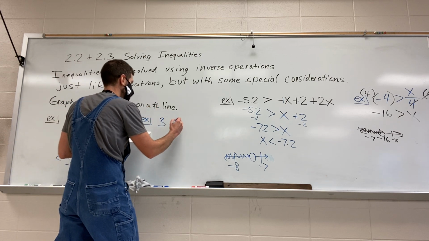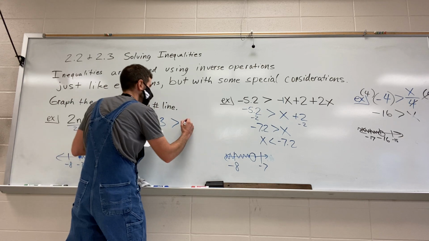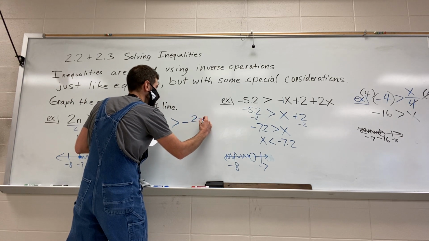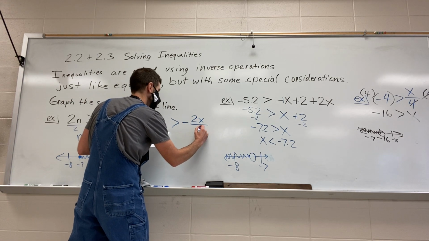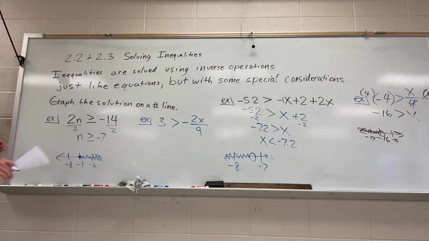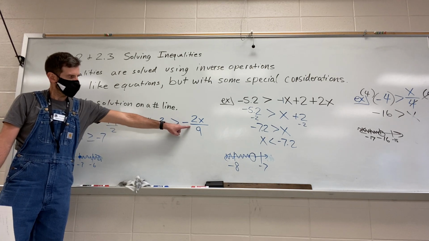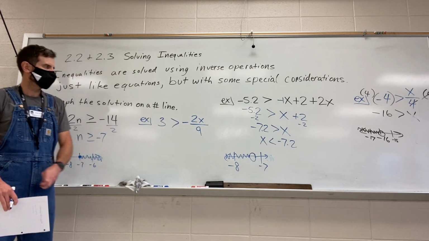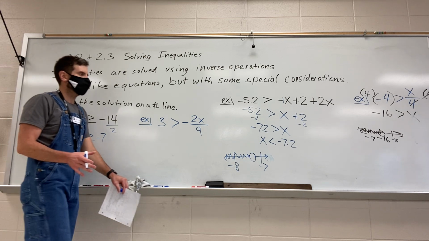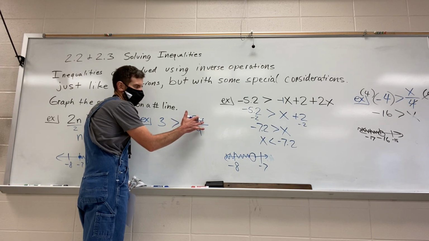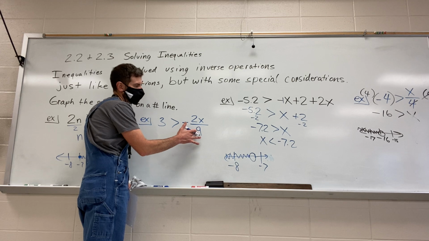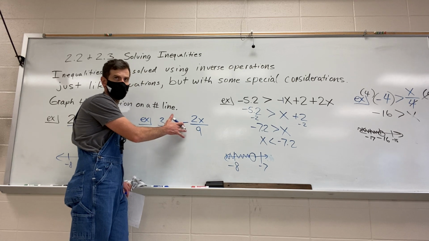3 is greater than negative 2x over 9. Now, ladies and gentlemen, this is written kind of in an interesting fashion here. You can think of this as 2 times x divided by 9, and then the negative of it.